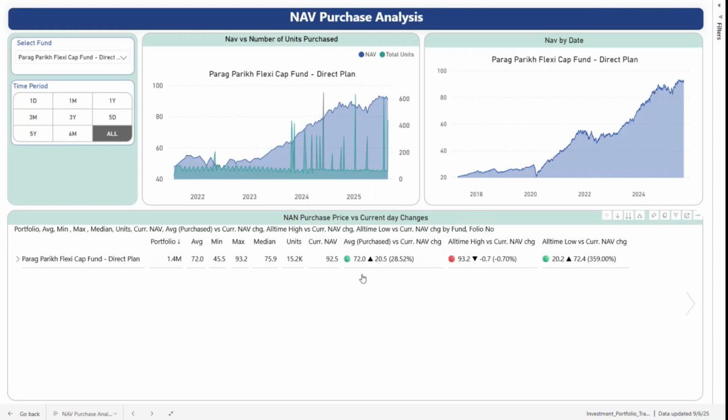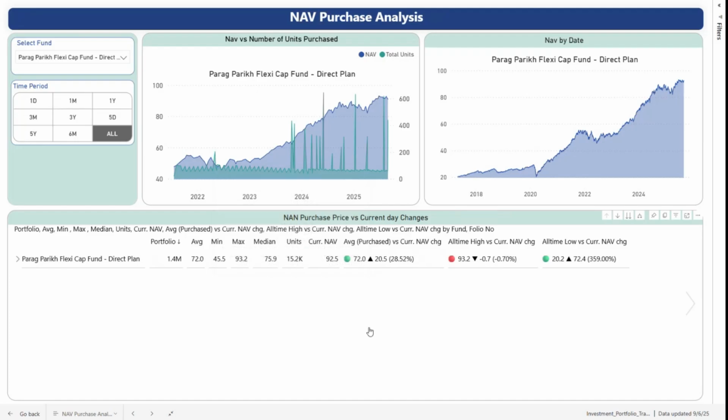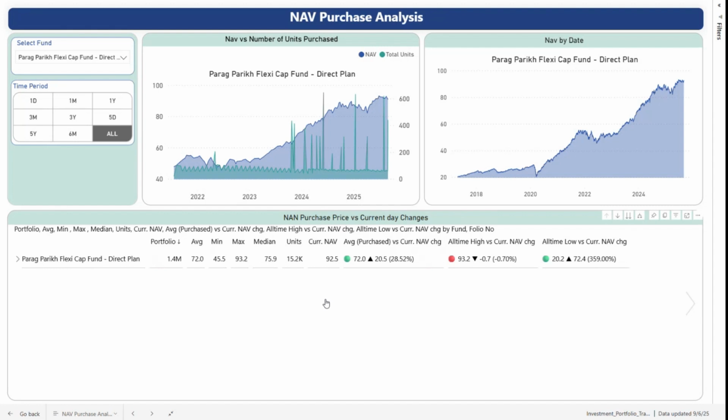So if you buy now, your average NAV will go up to 74 or 78, based on your actual investment amount. Correct.